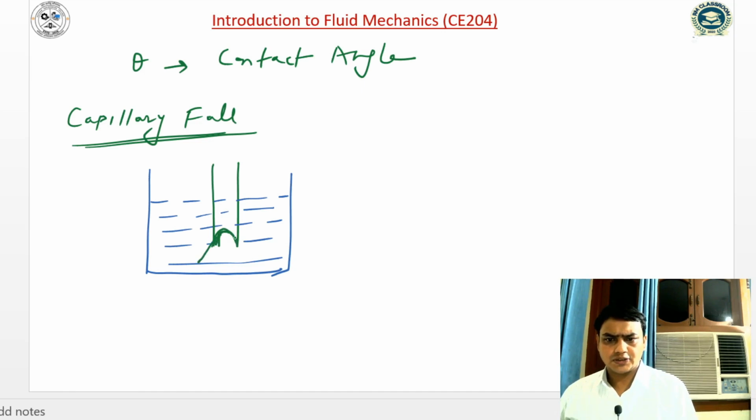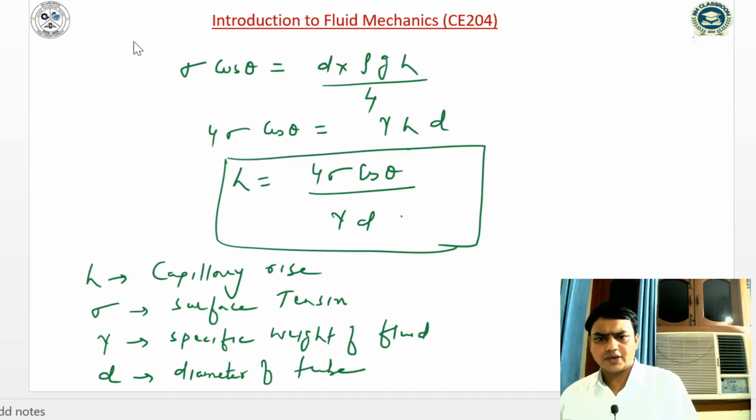This is the tangent here. Here we can take the liquid as water, so gamma w is the specific weight of water, and the fluid is water.